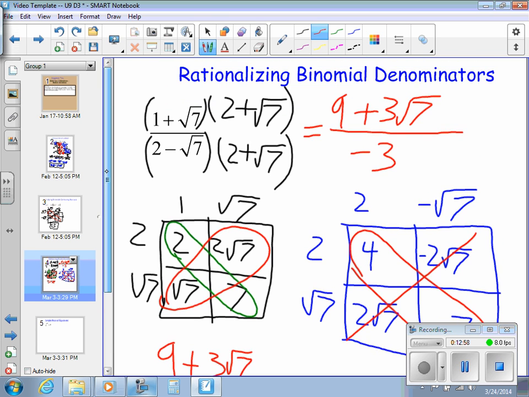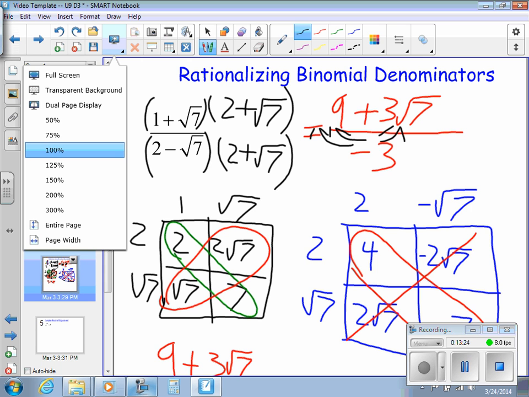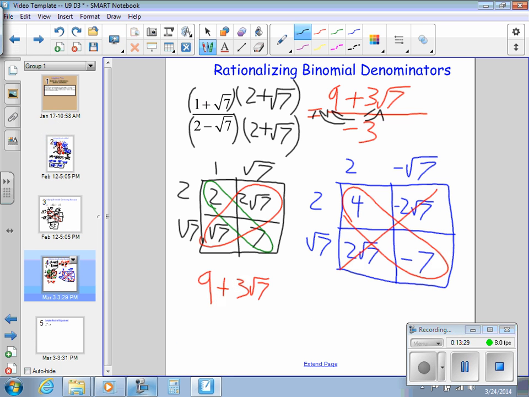Now let's come up here and take a look at what we have. Well, first thing is, this negative is going to have to go out front. But the other piece is that 9 and 3 times the square root of 7 are both divisible by 3, and so I'm going to distribute my division. So let's go ahead and do that. Let me zoom in a little bit so it's smaller and I can still see everything, hopefully.